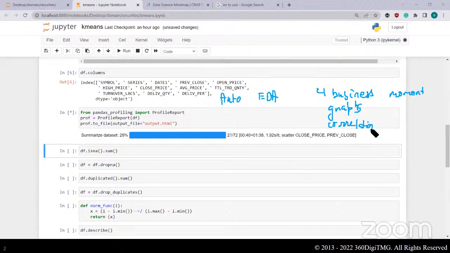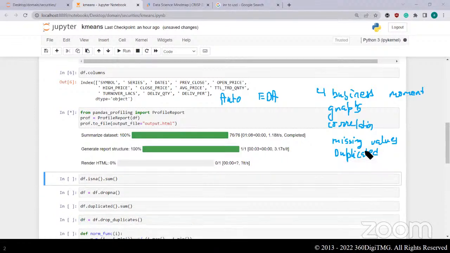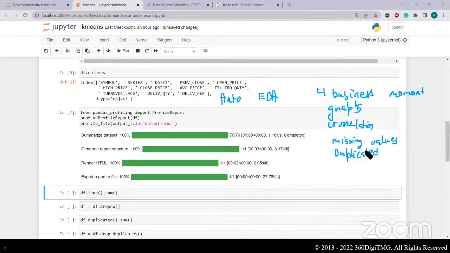It will also tell you about missing values and give us some information about duplicated values. So these are basic EDA and pre-processing steps, and they will be performed here by auto EDA, so we don't have to do it. Auto EDA is definitely something that people should explore. Let it generate the report, and then we'll take a look at the report.